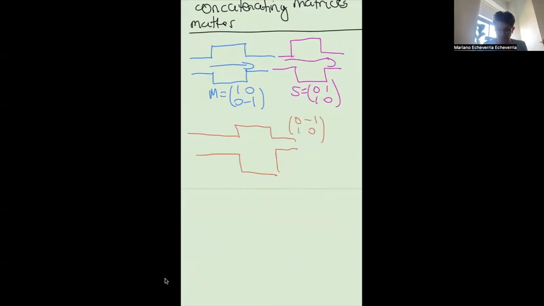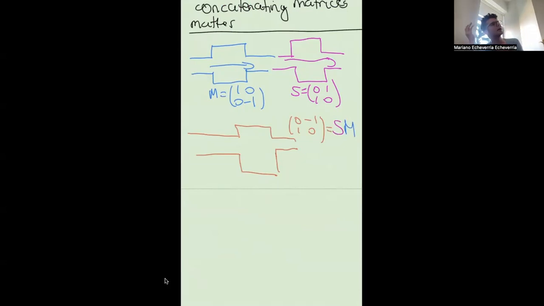So this new matrix, the concatenation, or doing mirror and then shift, is the way in which we will write it as S times M. What this means I'll tell you in a couple of minutes.